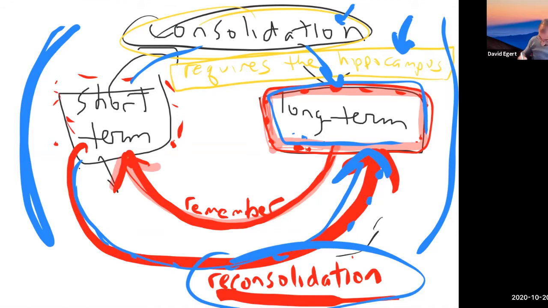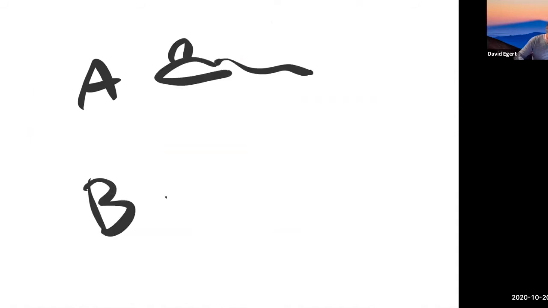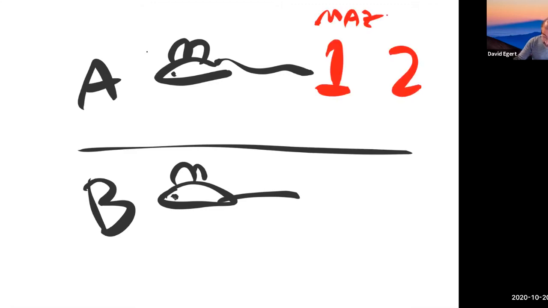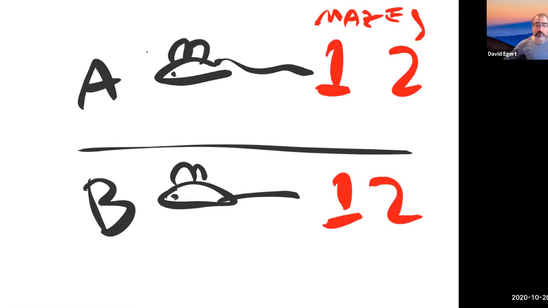Like, there are two groups of rats, and both groups learn maze 1 and maze 2. Both groups have been trained on these mazes. Both are really good at them.